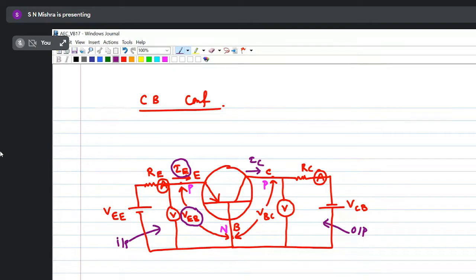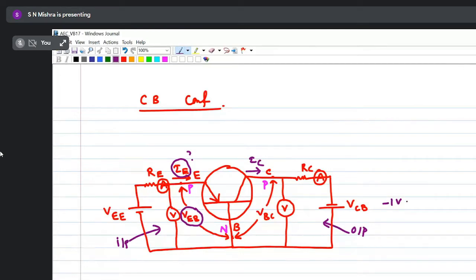If I change VEB, what is the effect on IE? I want to plot that, but IE depends upon VCB, because if you more reverse bias the collector side, it will attract more number of holes, so IE will increase. So for a particular case, I'll fix the VCB. Suppose I fix VCB to, let us take, -1 volt, then I'll increase VEB from 0 to 0.1, 0.3, 0.5, 1, 2, 3, 4. Then I'll observe what is the IE for one set of graph.